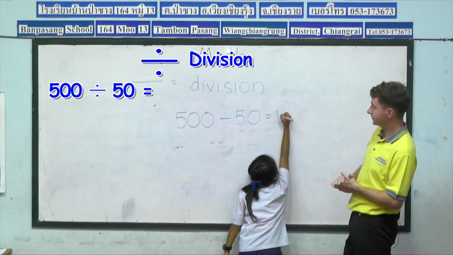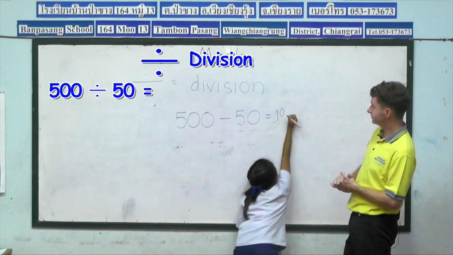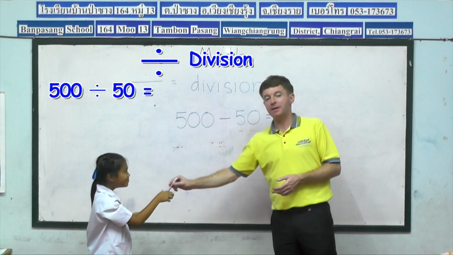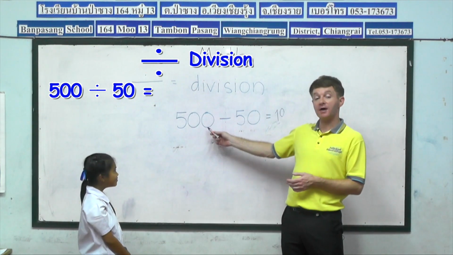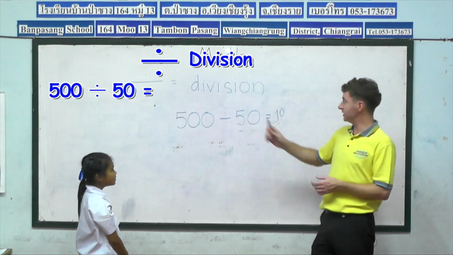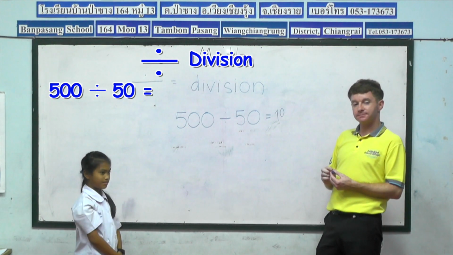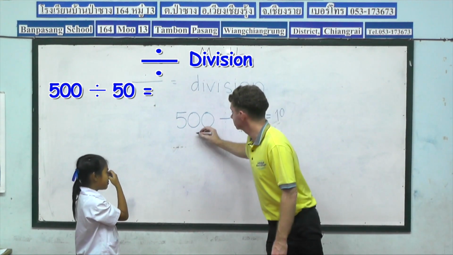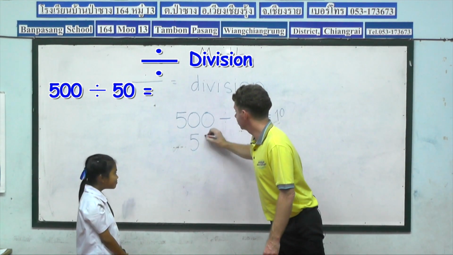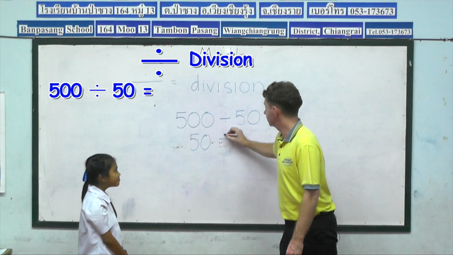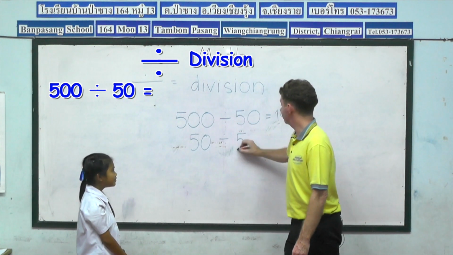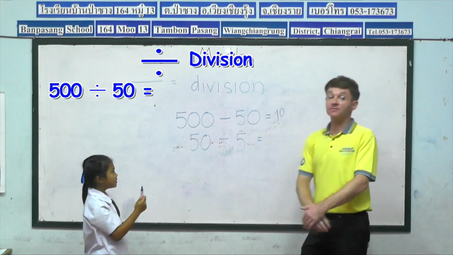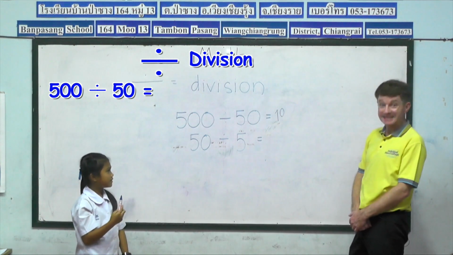Okay? Or what we could do, how many zeros do we have in the 500? How many zeros in the 50? But how about if we remove a 0 from either side? 50 divided by 5. Will our answer change or will our answer stay the same? Stays the same.